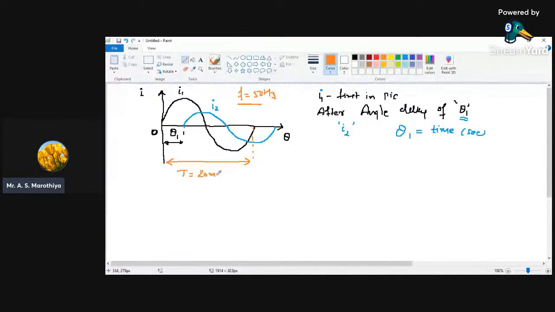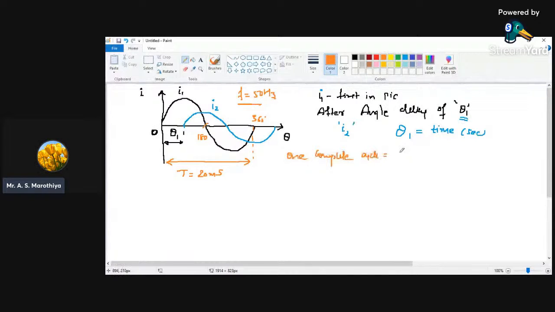So this is going to be 20 millisecond. And if you consider one complete cycle, in terms of angle, if this is 0, this is going to be 180, and this is going to be 360 degree. So I can write here: one complete cycle is equal to one time period.